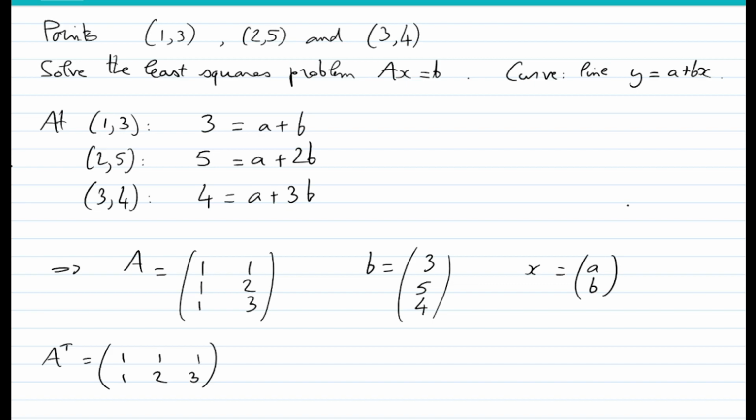I'm not going to do the details of the computation. This is, of course, something you have to be able to do very quickly by hand. But let me go directly: I've done the computation offline, and A transpose A is equal to 3, 6, 6, 14.